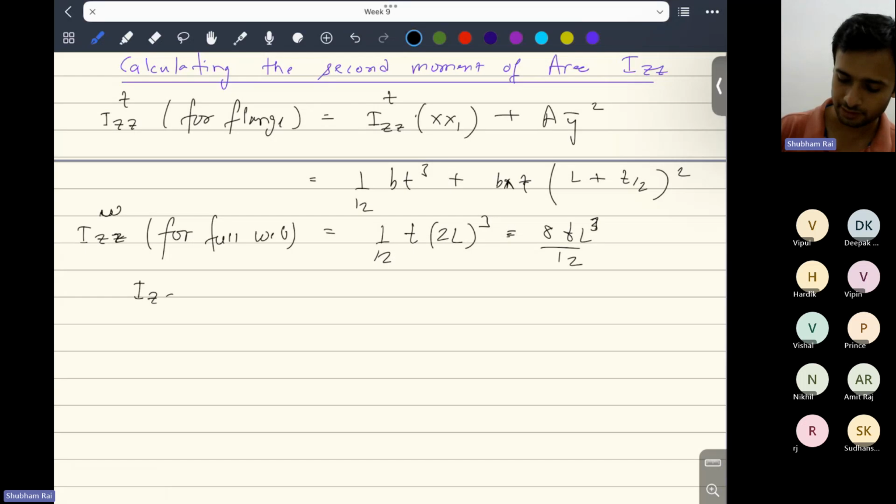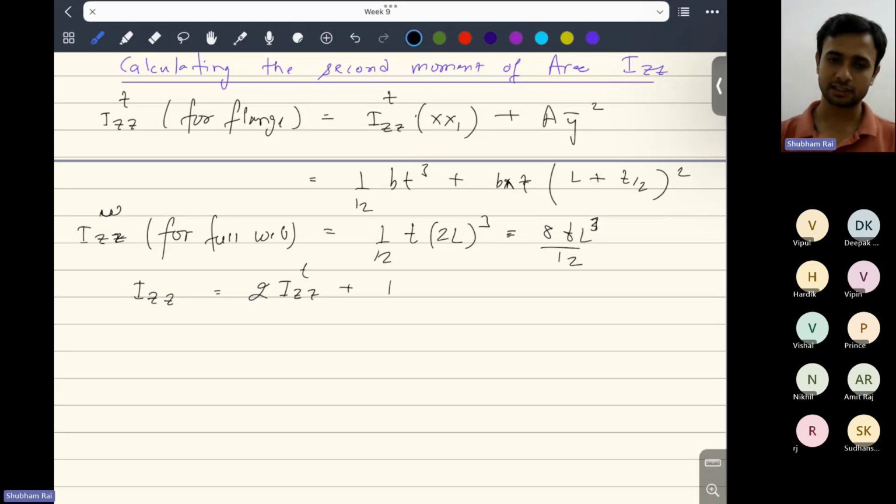Similarly, IZZ total will be twice IZZ of flange, because there are two flanges, plus IZZ of web. This is about the neutral axis, that's why I've written IZZ, and where I've not mentioned anything, it is about the neutral axis only. So what will you get?